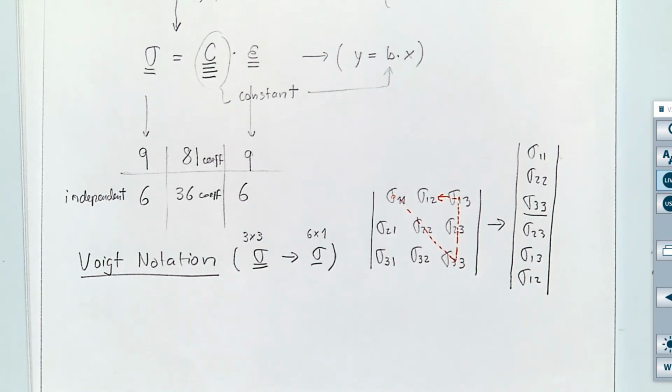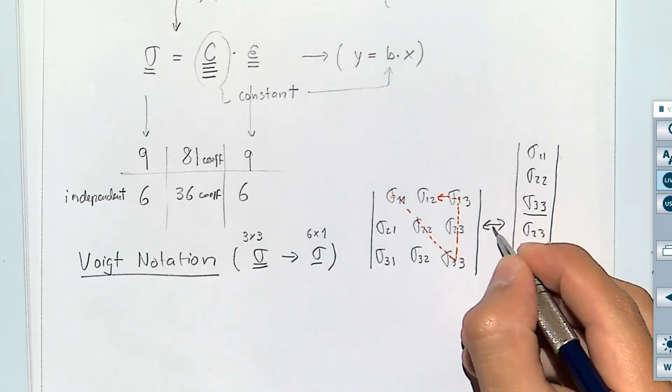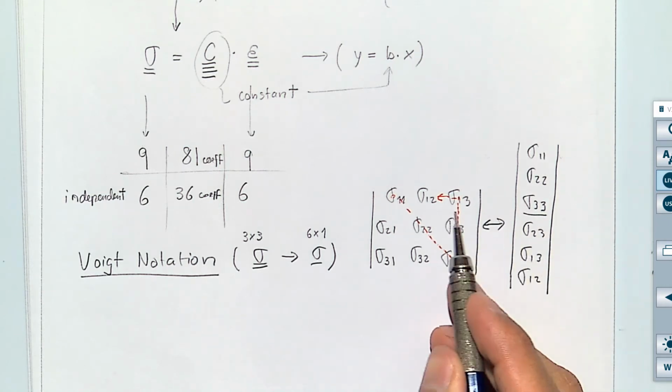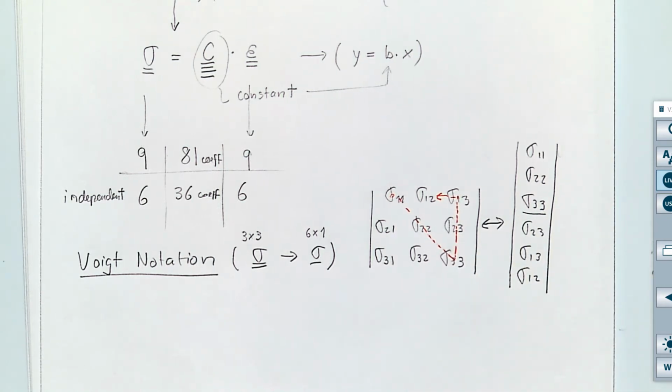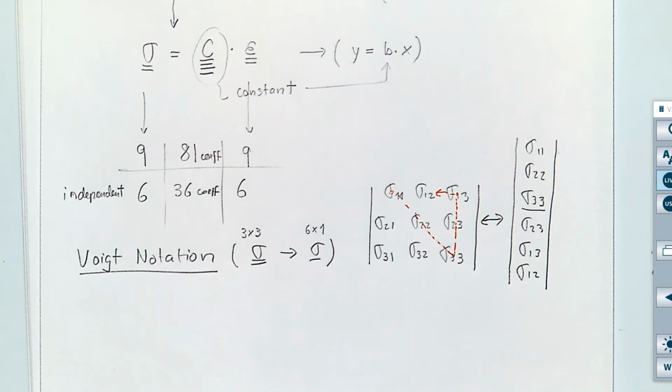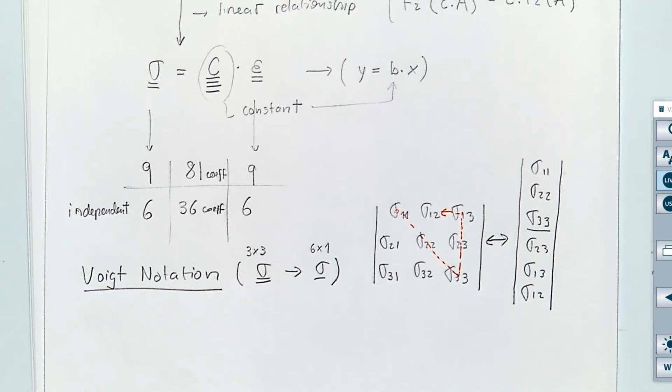And those are going to be all the variables I have in the stress tensor. And of course, all the time I can go back and forth from here to there. It's just a convention. But this is going to be very useful because we know how to write in paper a matrix 3x3.